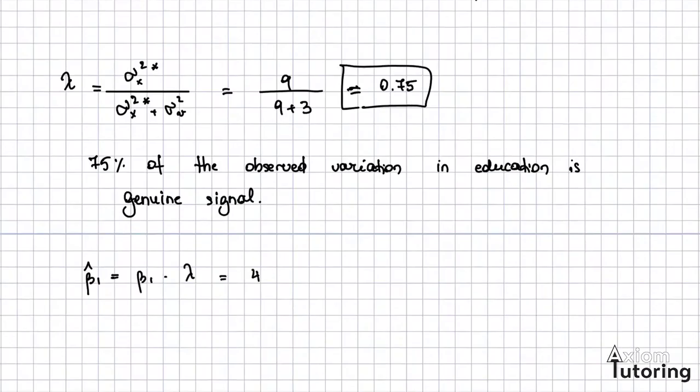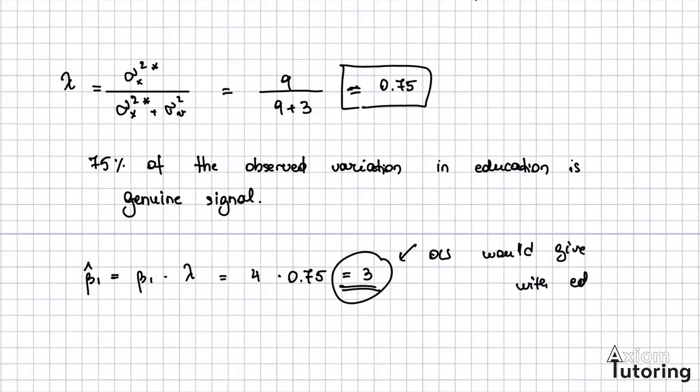So we found that the true one was 4 times 0.75, which would mean that we would end up estimating a beta 1 that is 3 when we take education with measurement error. Okay, so this is what the OLS would give with education with measurement error.